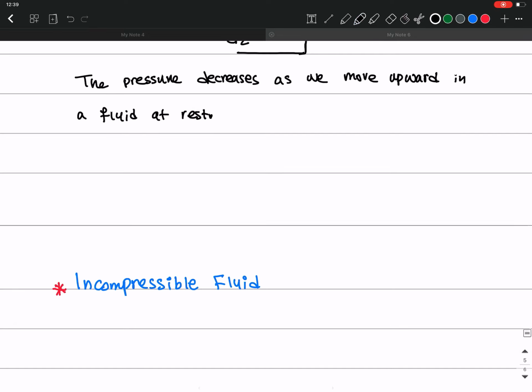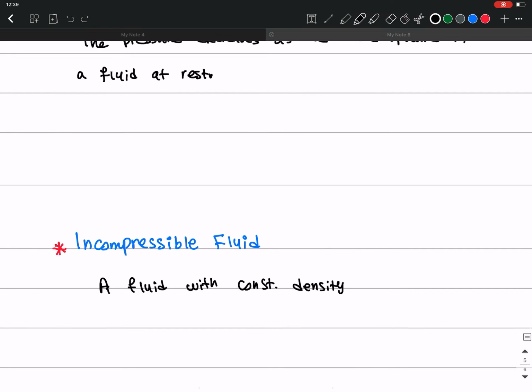An incompressible fluid is a fluid with constant density, for example, like water or liquids, most liquids.